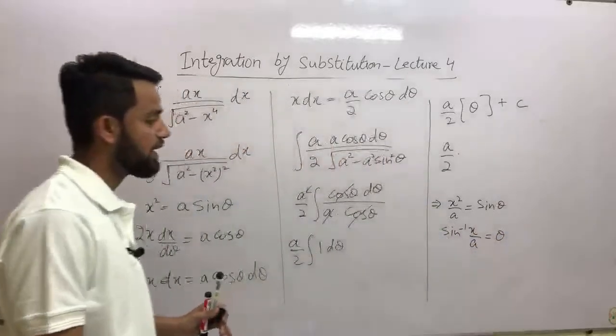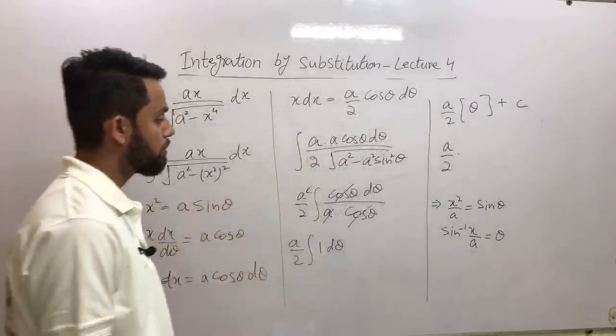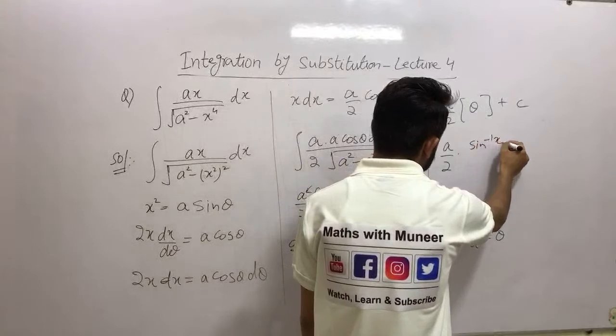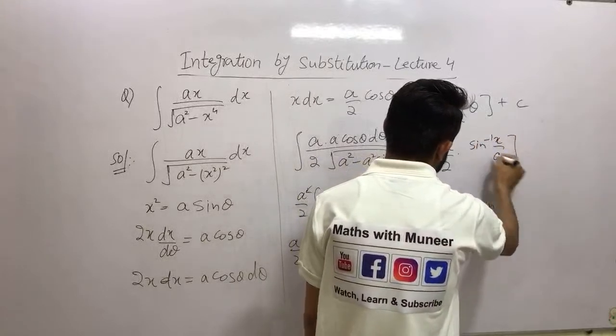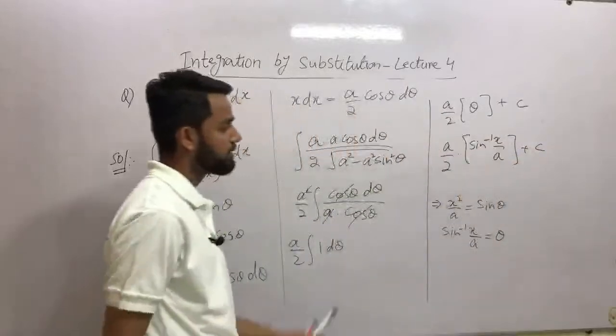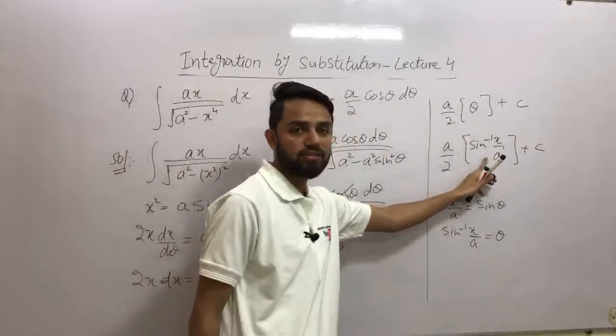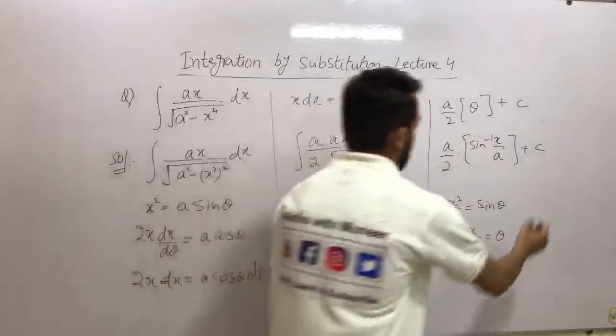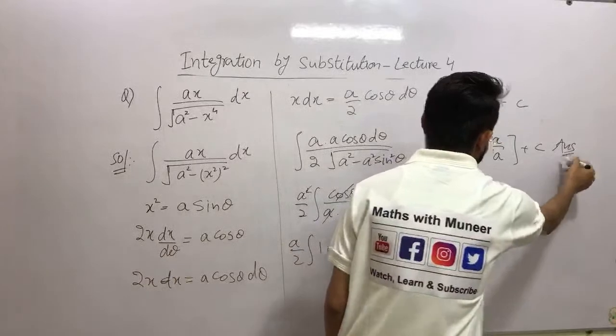So this is basically the value of theta which we are going to put into the above result. So theta is basically sine inverse x over a, plus c. Now please do not cancel this a with that a, because that a is in the argument of sine inverse, so you can't really cancel that out. So this is the answer of this integral.